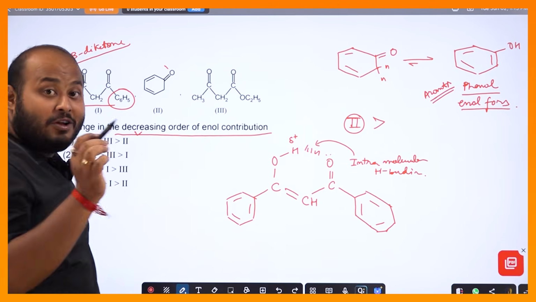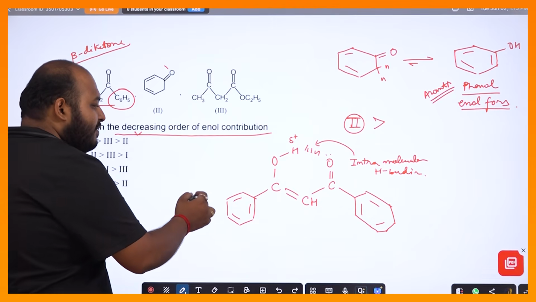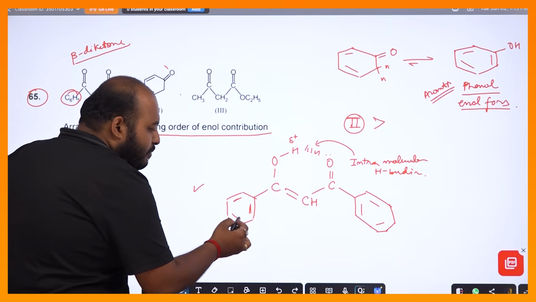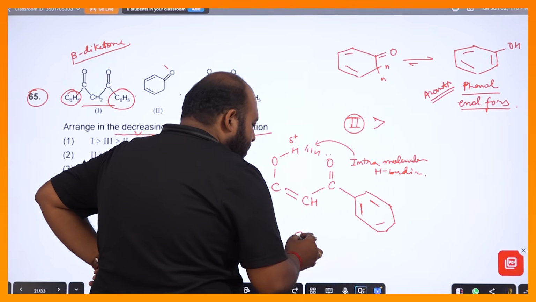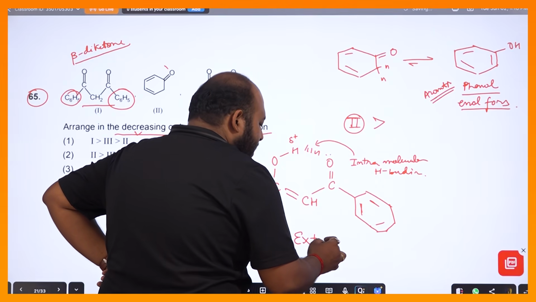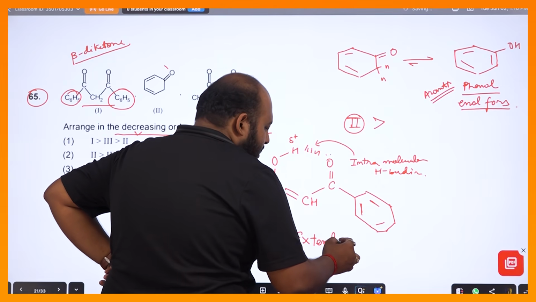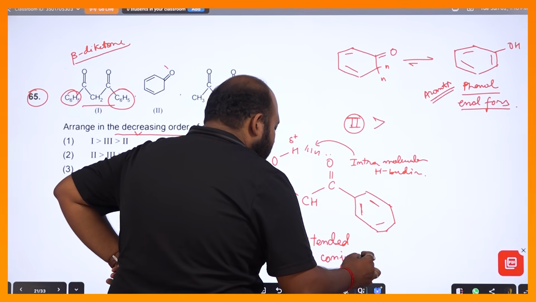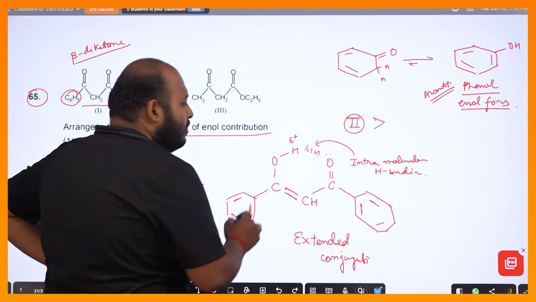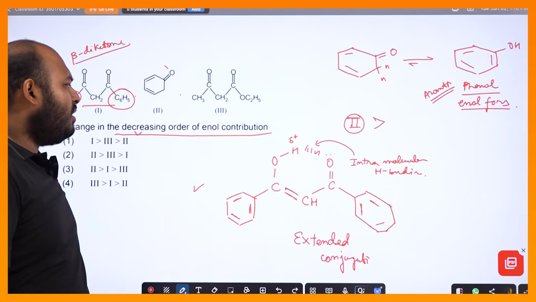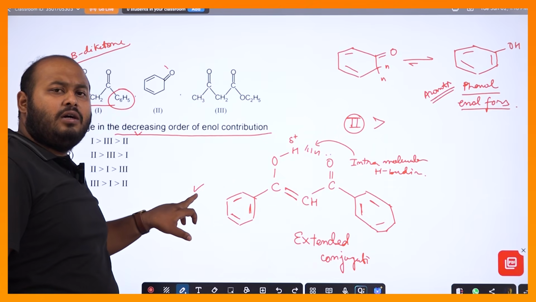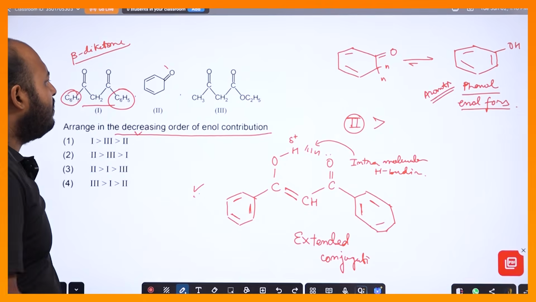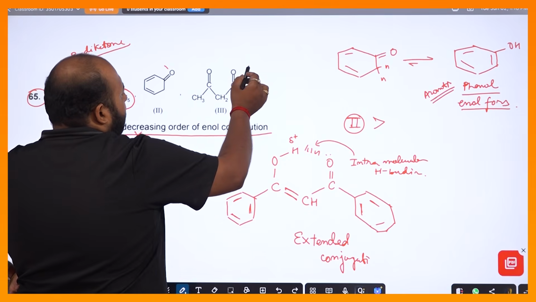Also, you can see one more thing specific to this enol form: there are two benzene rings which form an extended conjugation with this double bond. So it will show a high amount of enol content.